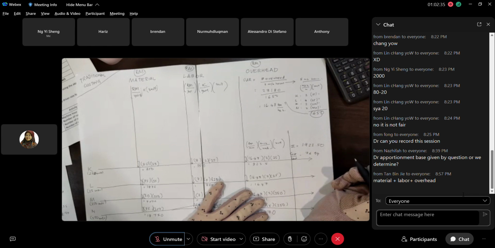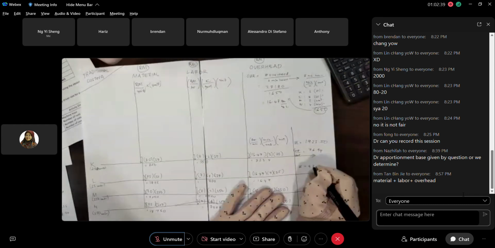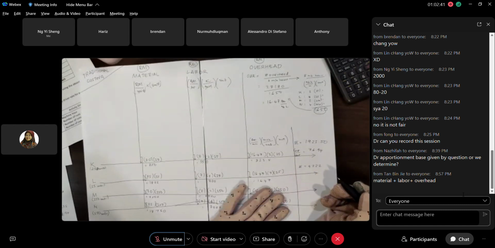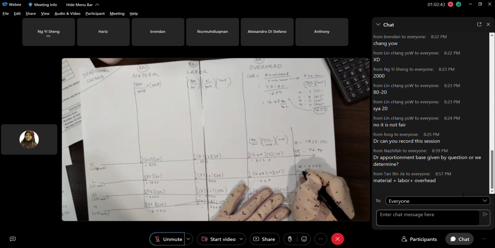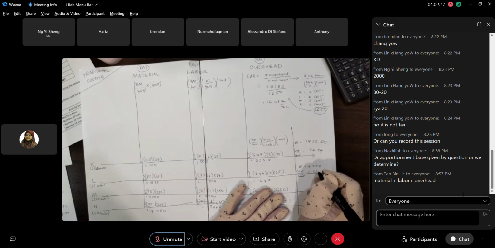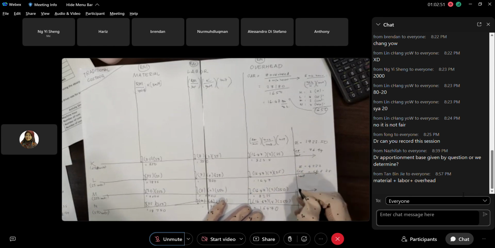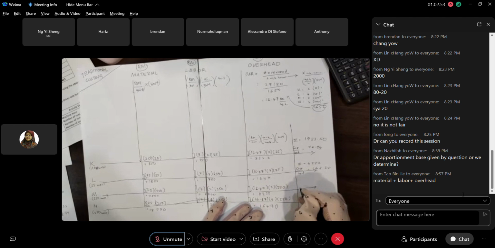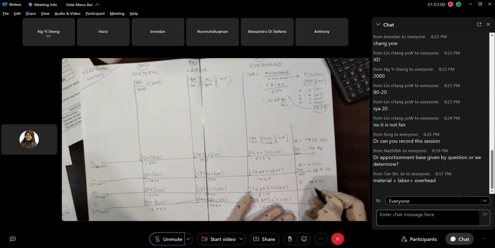For this part, you total up, so the cost is 4.2. Then the cost per unit is 168. Same as this one, you get the cost is 192.35.